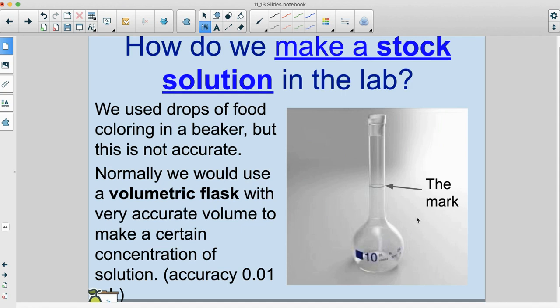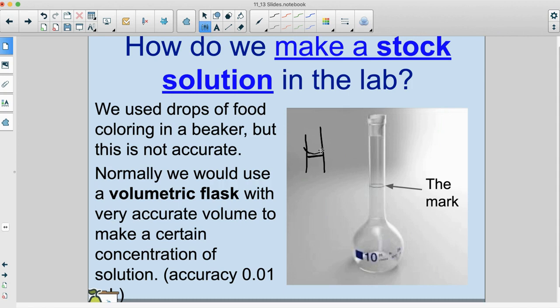It's very accurate, and this is a 10 milliliter flask. And you can see that this mark right here indicates that you have exactly 10.01 milliliters right at this mark. If you can make the meniscus, okay, so here's our mark right there, just like over here.